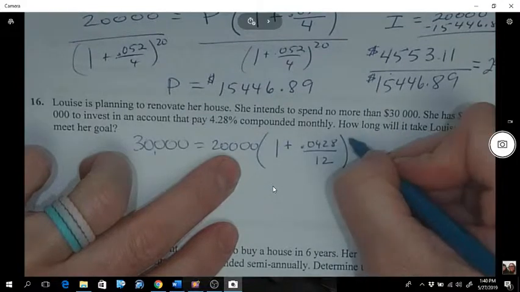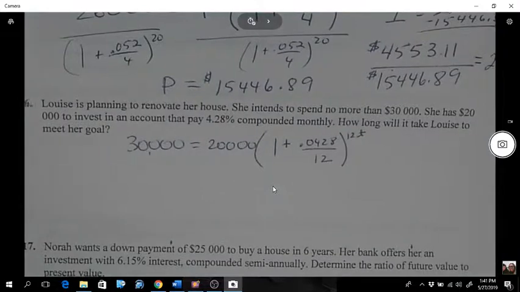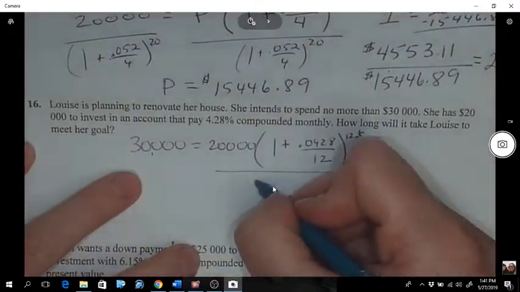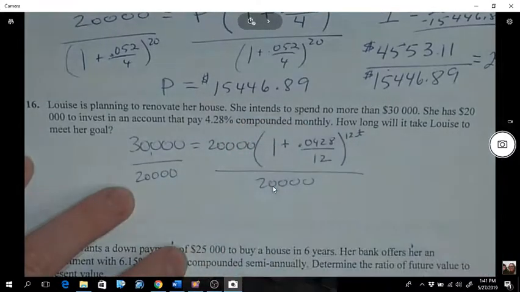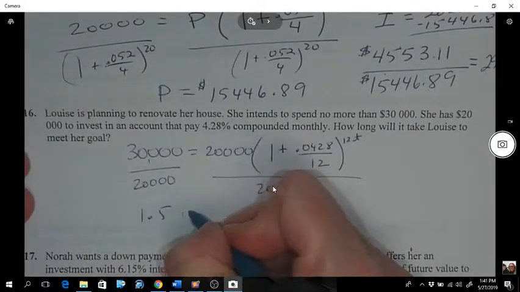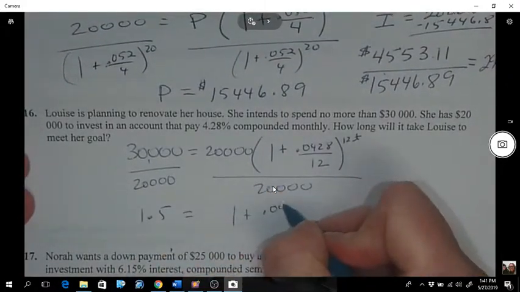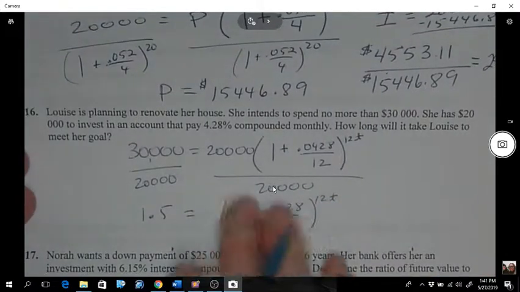How long will it take? So we know that's going to be 12T. Okay, so I'm going to divide by 20,000. And so that is 1.5 on this side. And this cannot change. We don't have much to do with that one.